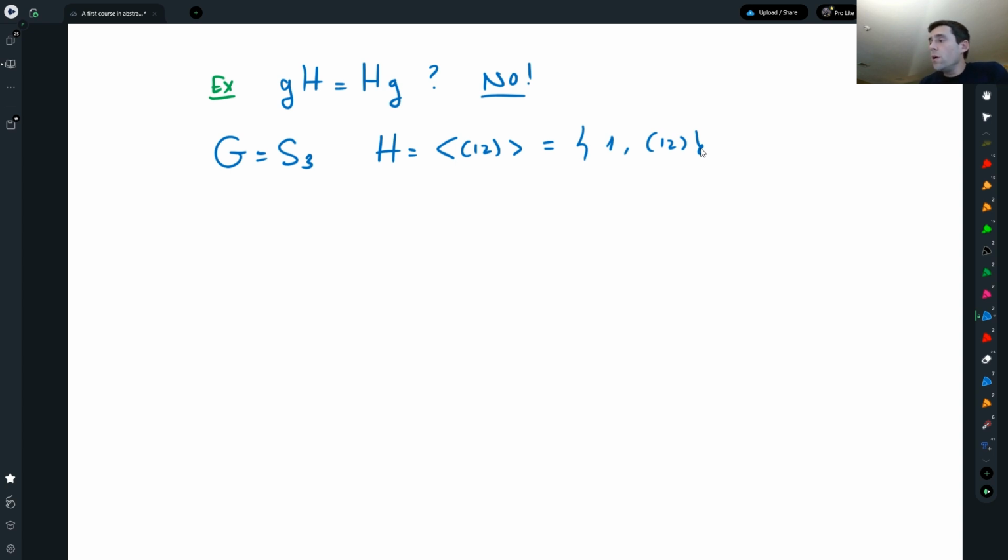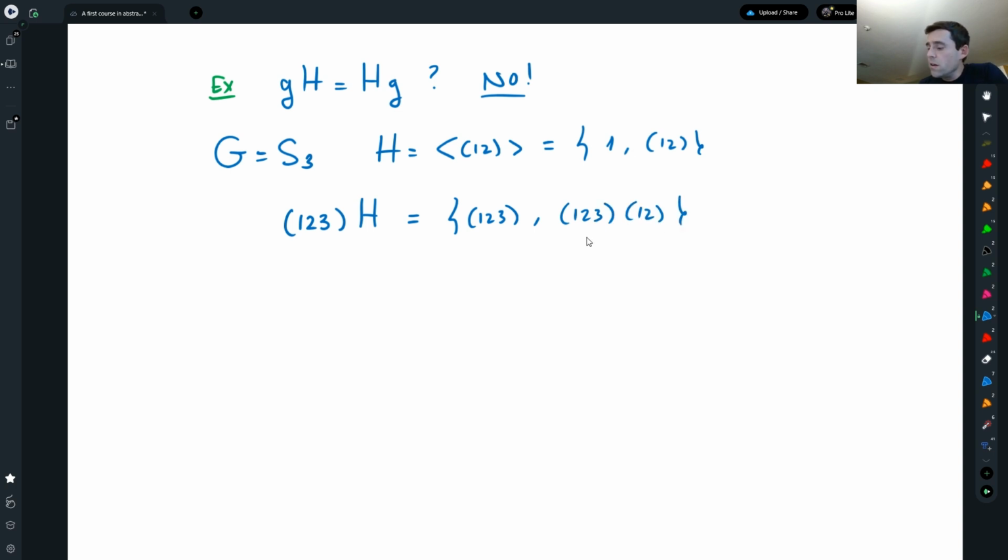Let's look at (1 2 3)H. Then that coset is going to be (1 2 3) and (1 2 3) times (1 2).